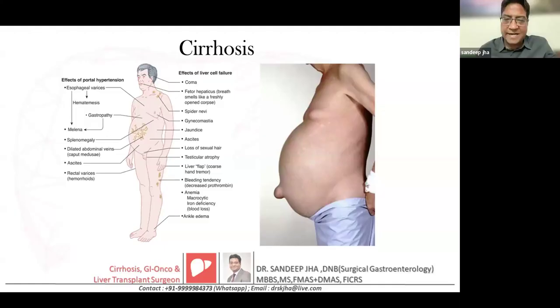It will go on for 3 months, 6 months, maybe 1 year. The jaundice will just not settle down, and that is one of the features of cirrhosis.